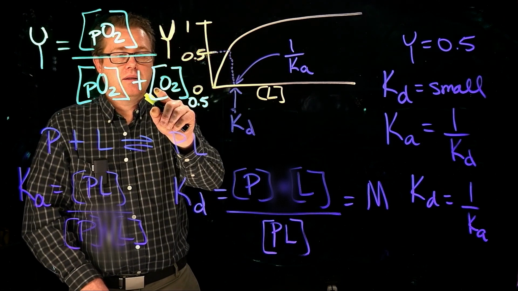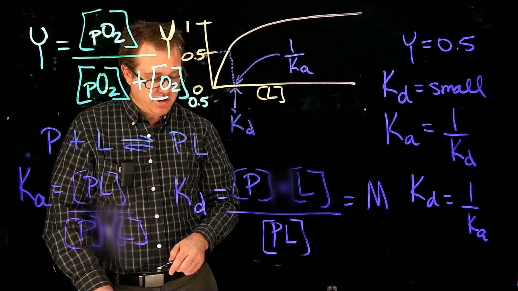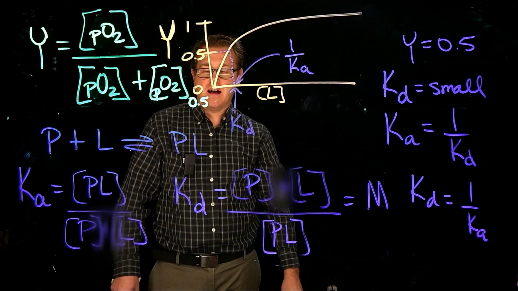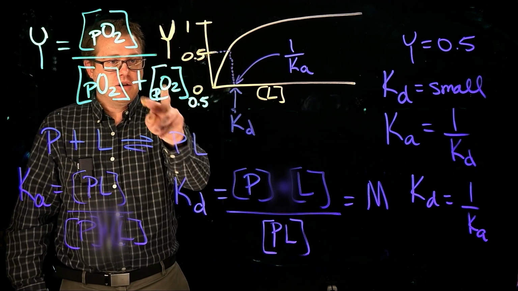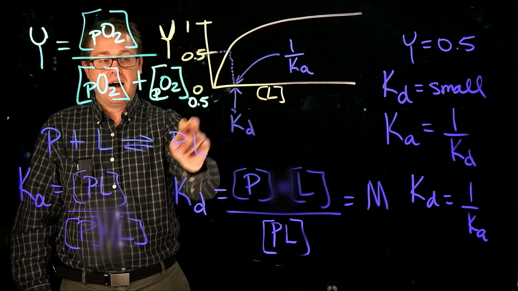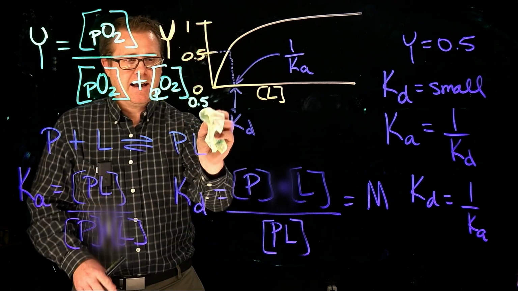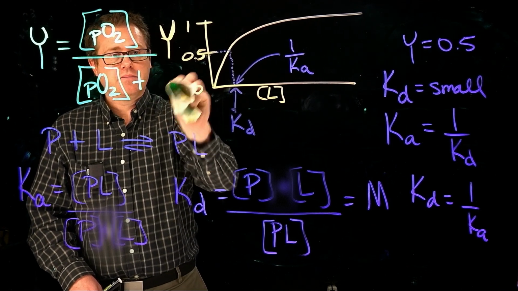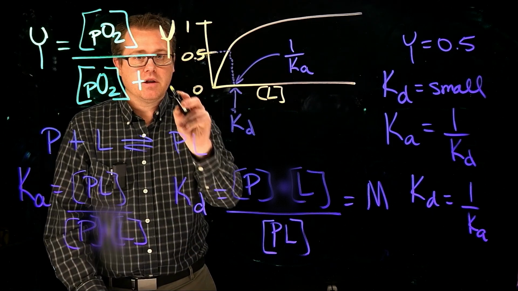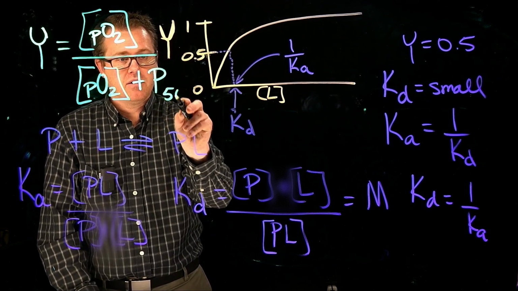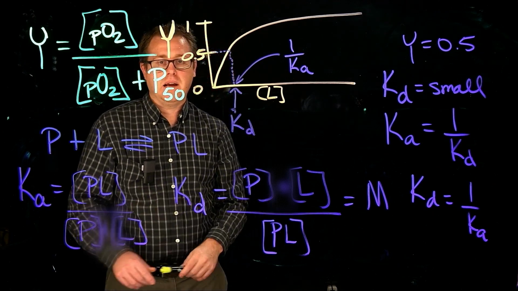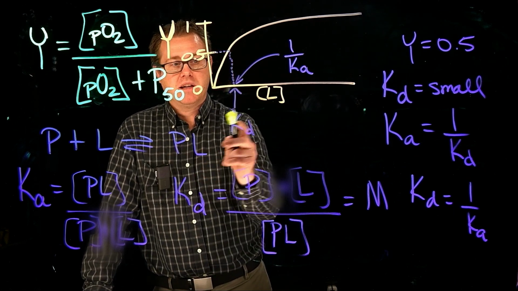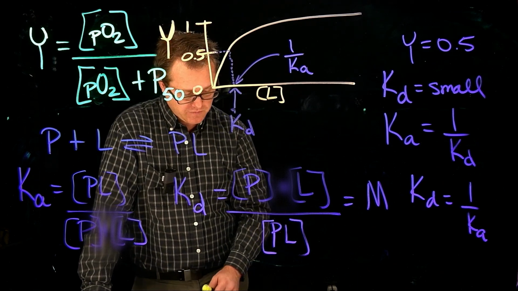But that's concentration, so we need to convert that into the partial pressure of that oxygen. And so when we do the partial pressure at 0.5, the textbook just takes this term here and draws it like this. Just the partial pressure of 50, meaning 50% of the binding sites are bound at that particular partial pressure.